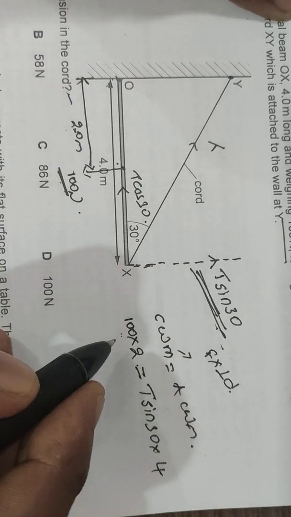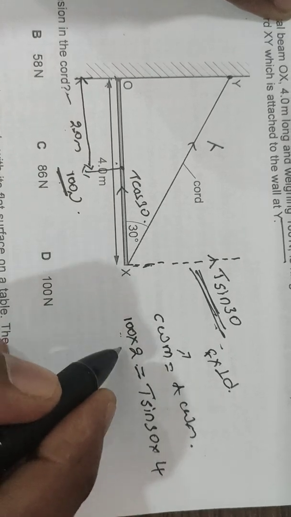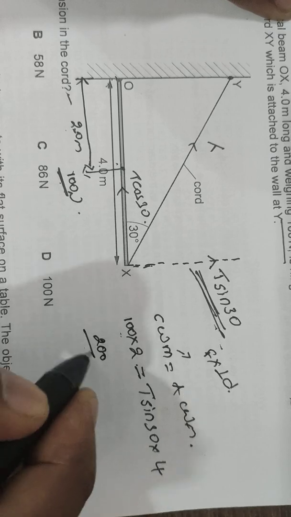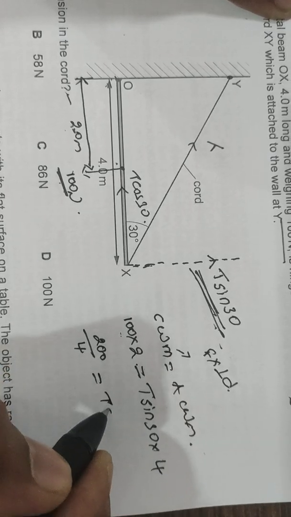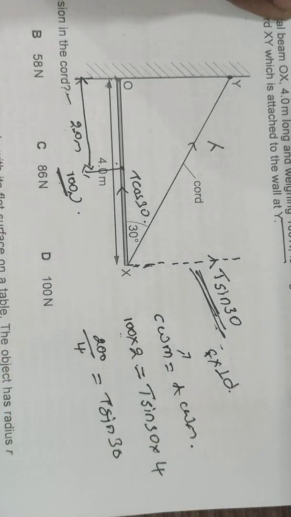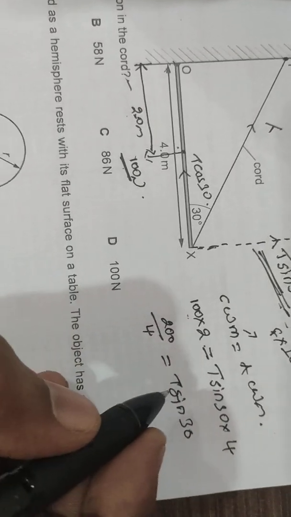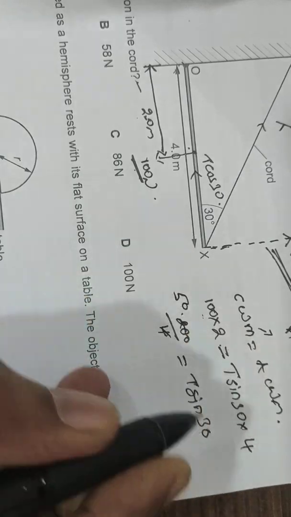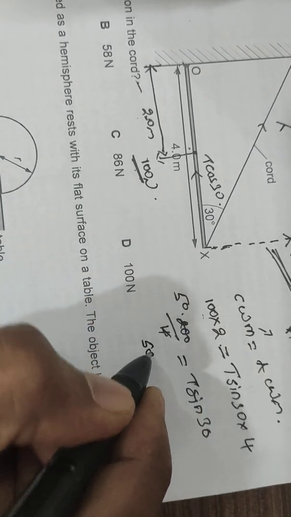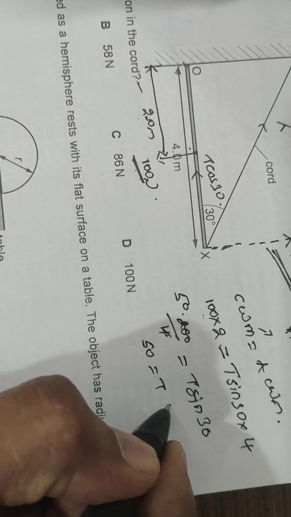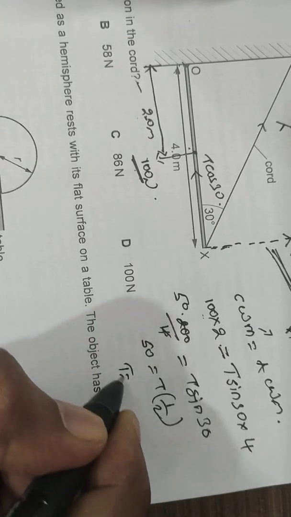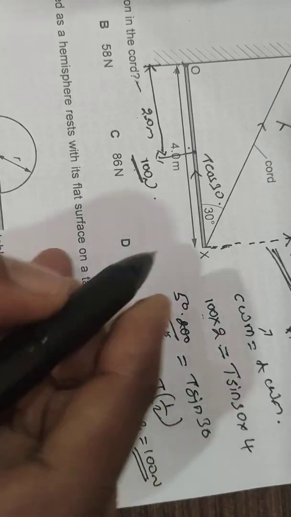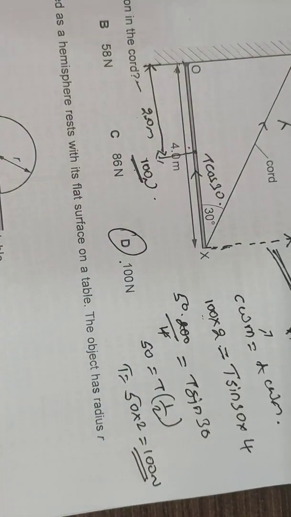So 100 times 2 is equal to T sine 30 times 4. So 200 divided by 4 is equal to T sine 30. So 50 is equal to T sine 30, and sine 30 is 1 over 2. So T is equal to 50 times 2, which is equal to 100 newtons. That's the answer.